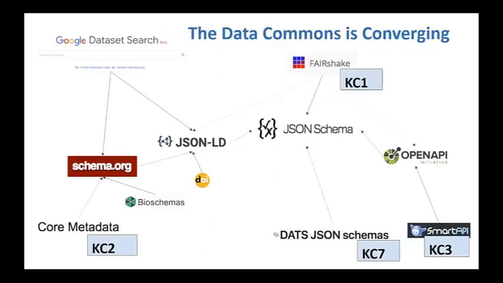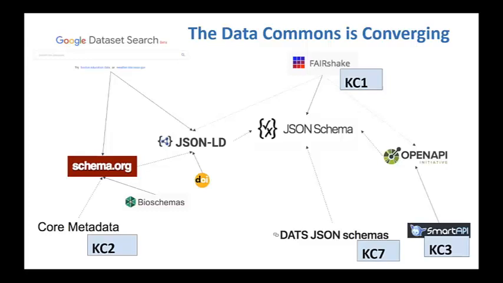Those automated assessments are made possible by providing machine-readable metadata about digital objects. And the Data Commons in general, as Owen also showed in his slide, are converging on some standards that include schema.org, bioschemas, JSON-LD, JSON schema, and the DATS JSON model, and also Open API and Smart API.